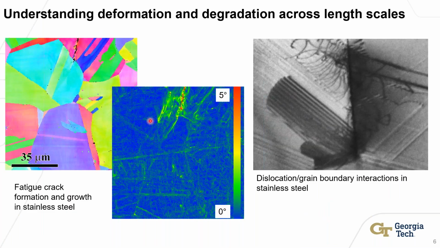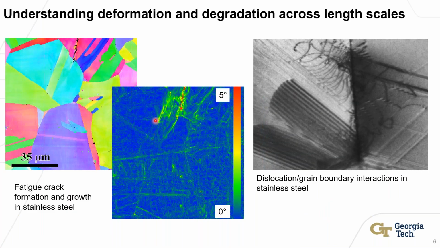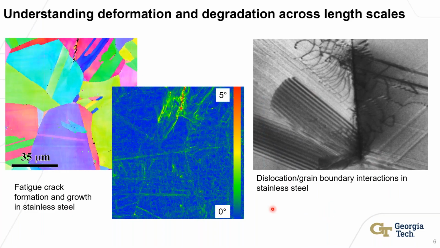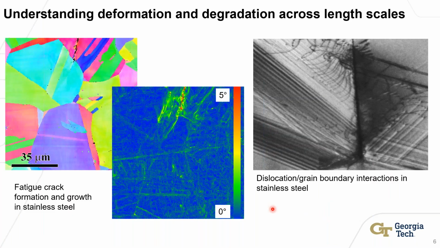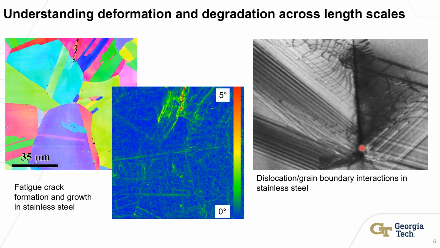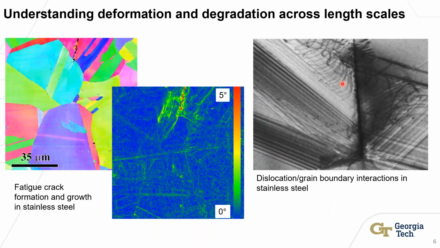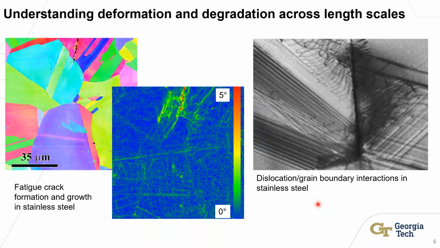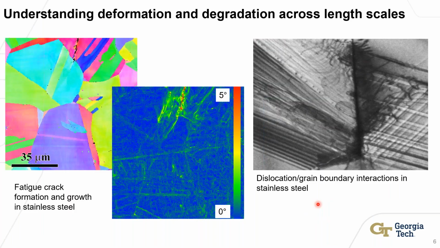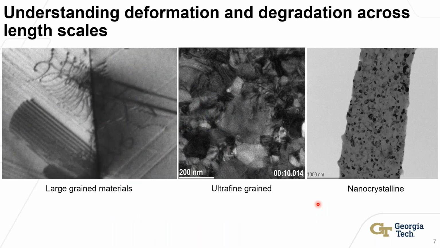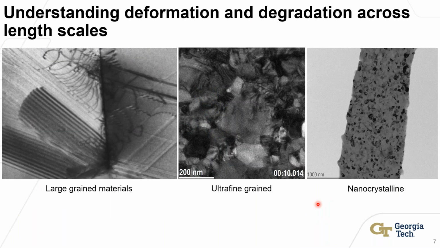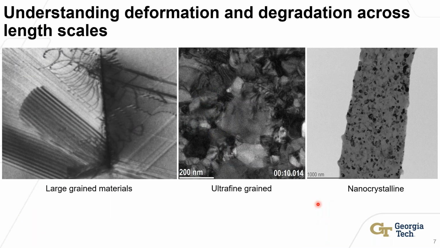Now in the TEM, traditionally, the approach we've been using is just in situ deformation to directly observe the active deformation mechanism. So here's a stainless steel sample, a twin boundary, and dislocations interacting with that twin boundary during deformation. However, as we've gone forward through the years, we've gone down through the length scales more, both in terms of what we're seeing and in terms of the microstructural features we're interested in.